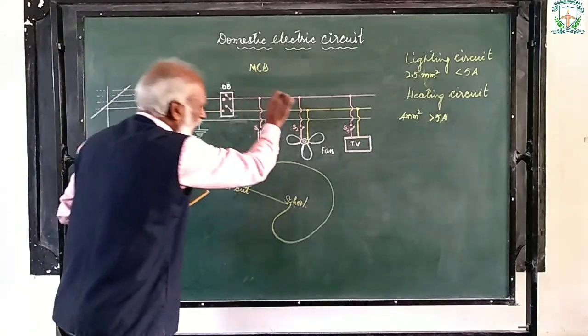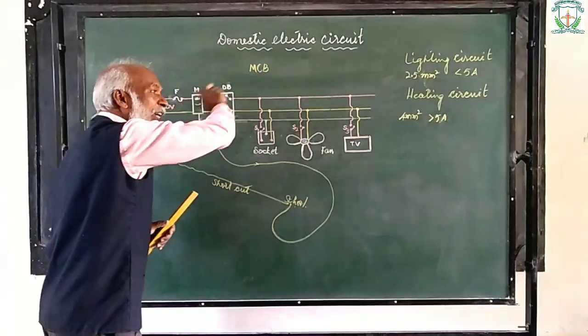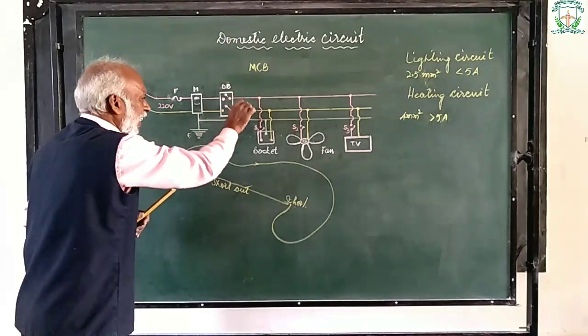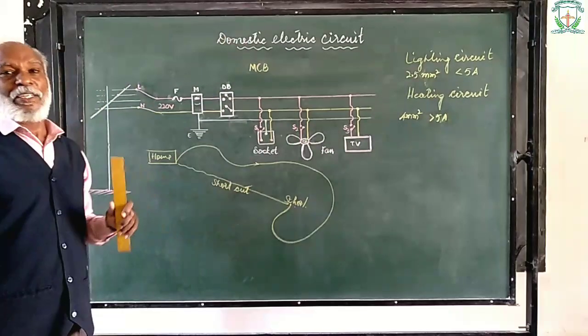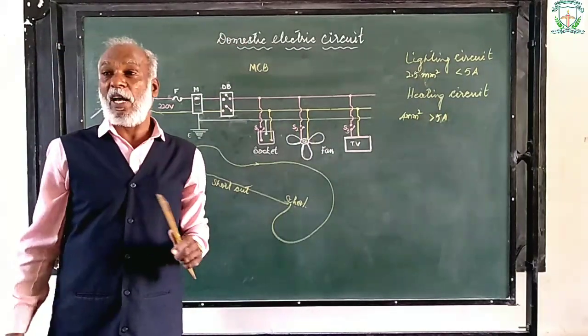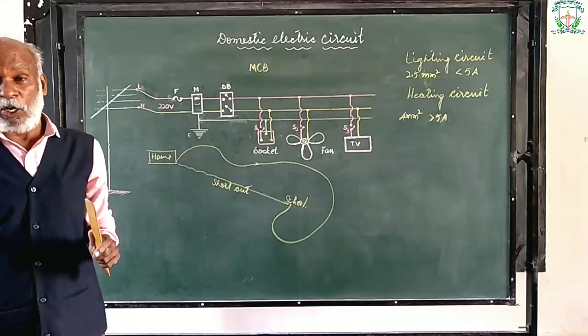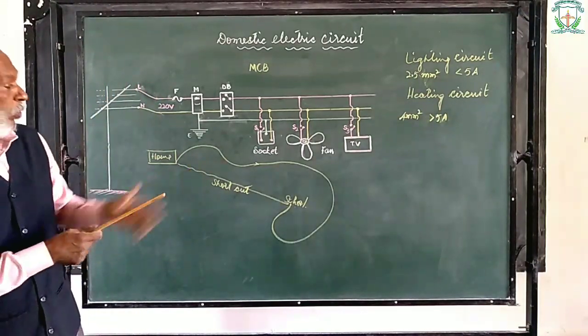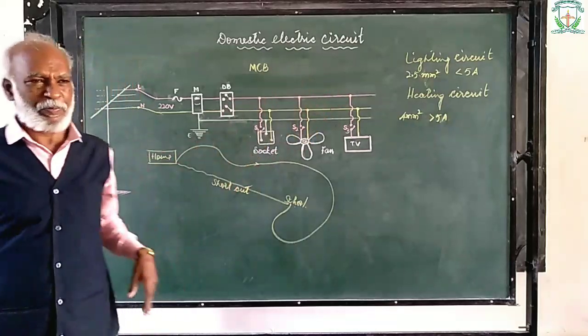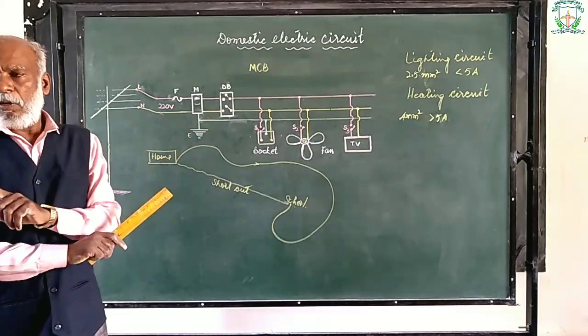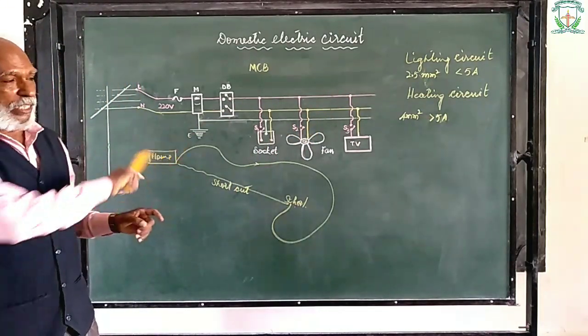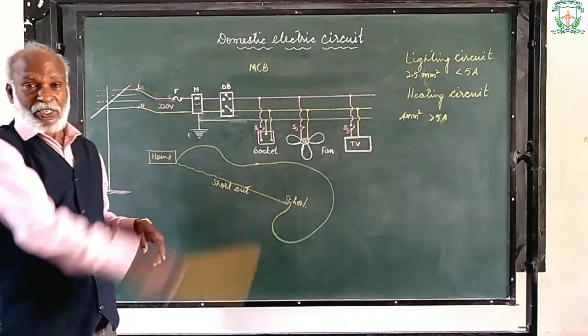Current from the phase, without going through the devices, straight away comes to the neutral. Shortcut. Excess of current, no resistance at all, no devices. So it is a least resistance circuit. Excess of current flows through the circuit.